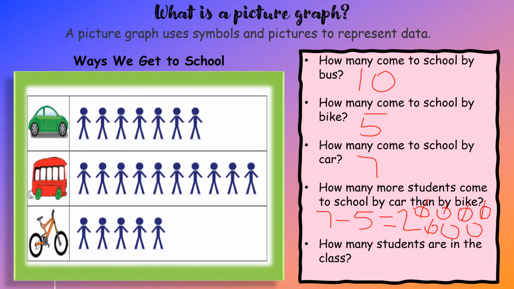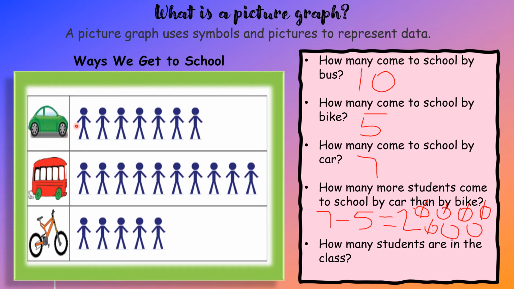Our last question says, how many students are in the class? So when you have a question that says how many are in the class, how many people answered the question, how many people took the survey, or how many people voted, that just means you need to count up the total number of people all together. So that means we're going to count how many people come to school by car, bus, and bike all together.